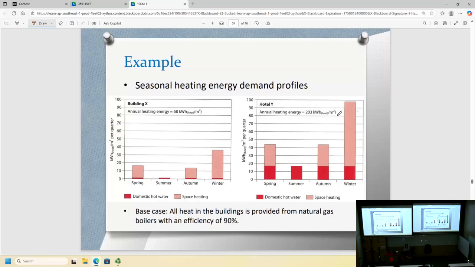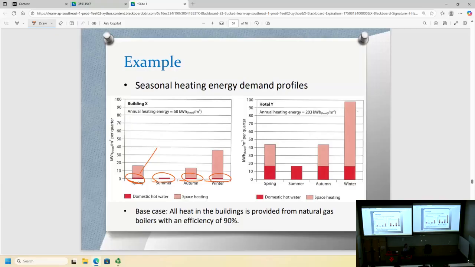It's not written on this slide, but part of this is for domestic water heating, for heating up water. And the rest is for space heating, heating up the space, not water.